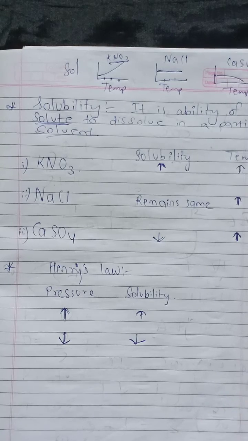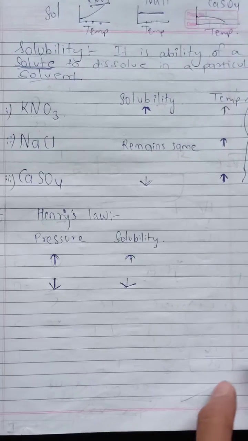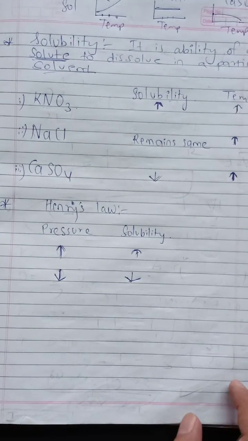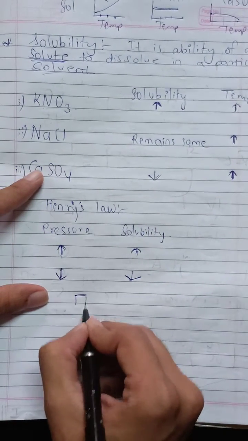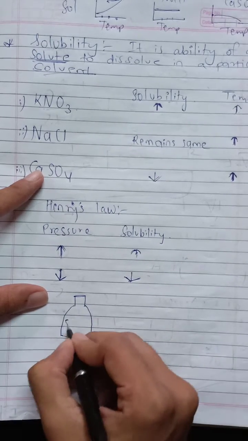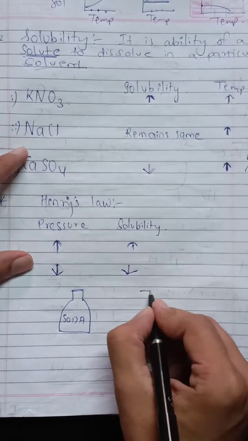So what we have found here, we are taking two conditions in order to understand perfectly. Suppose I am taking a soda bottle, and this is the other soda bottle.